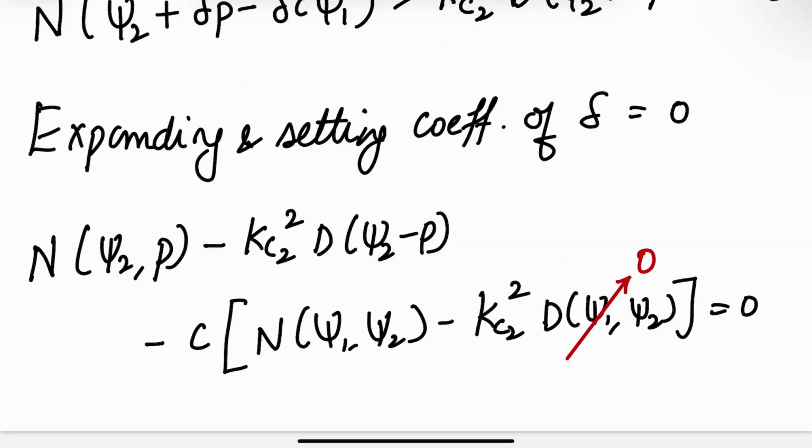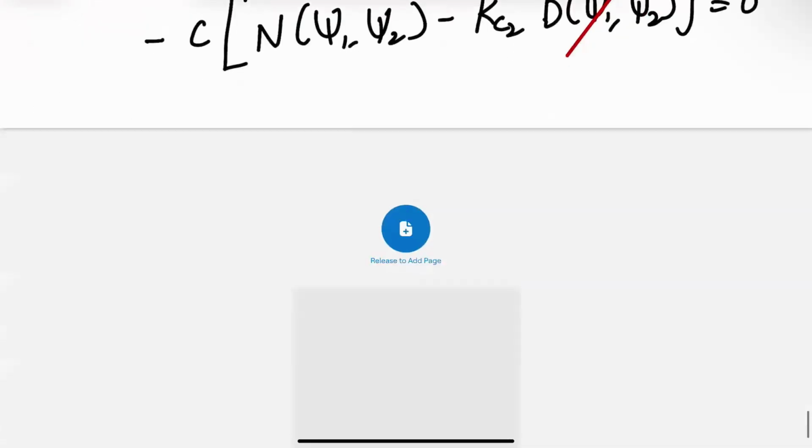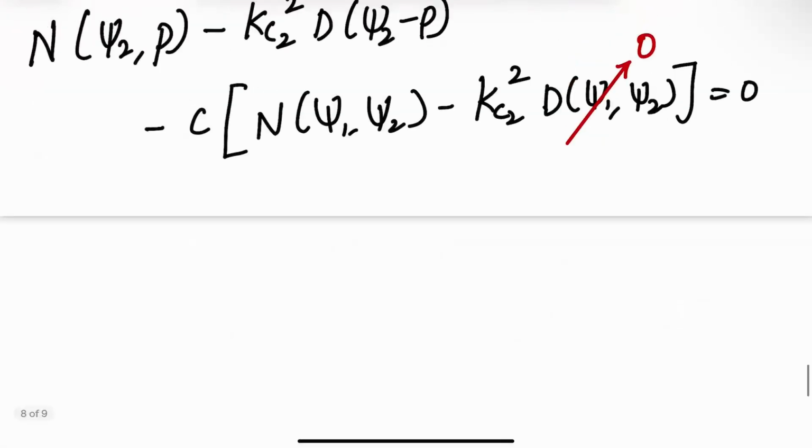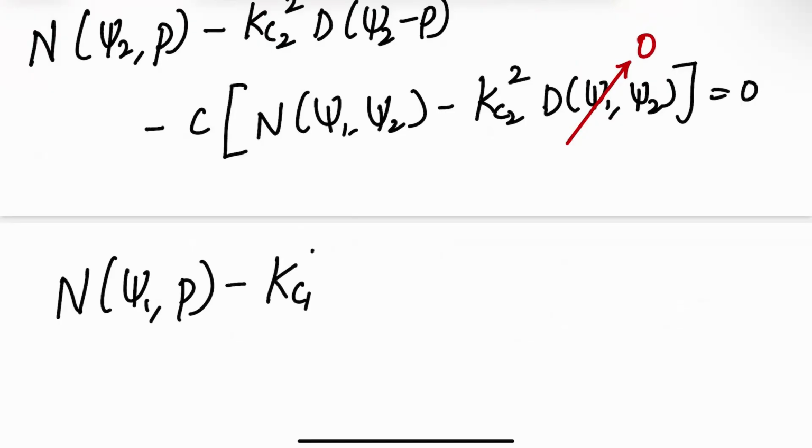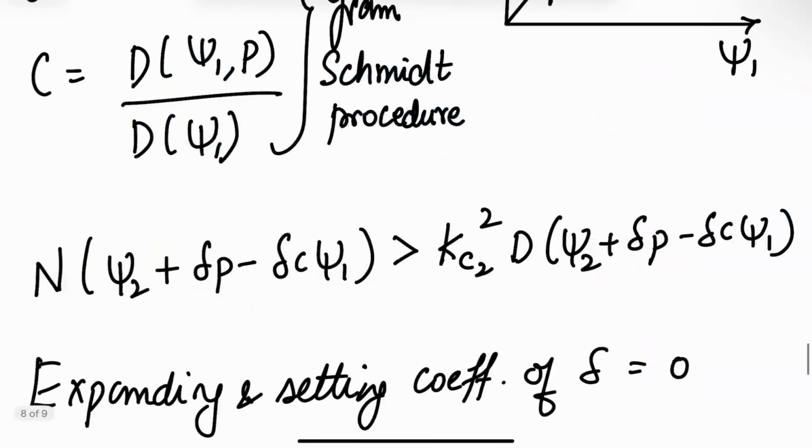We also know that, if I go back, N of psi 1, any function P minus Kc1 square D of psi 1 comma P is 0. And we established that in the very beginning.